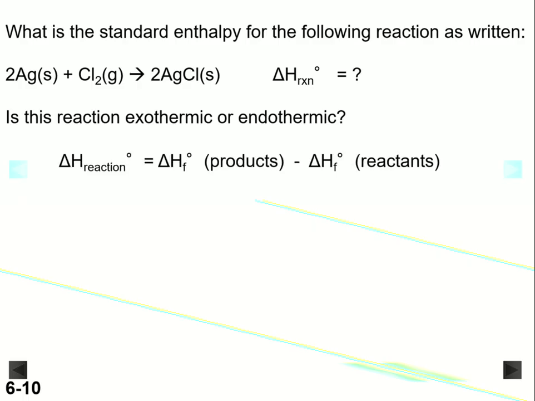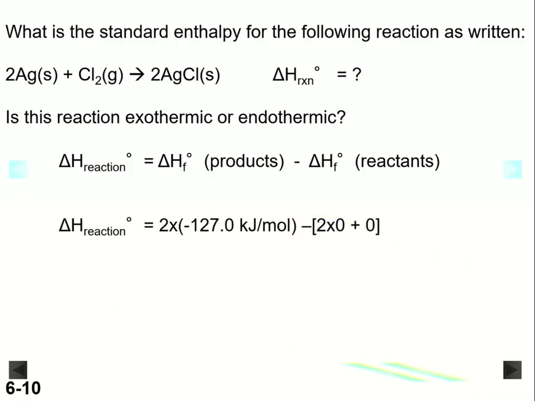In this case, again, we'll take the enthalpy of formation of the products minus the enthalpy of formation of the reactants. We can get the values from the table that we looked at a few moments ago, but it's important to remember that the stoichiometric coefficients in front of each species must be included.